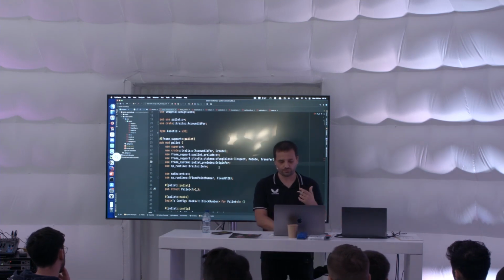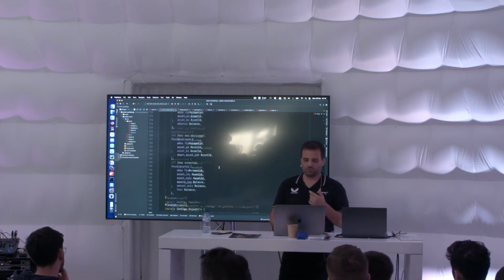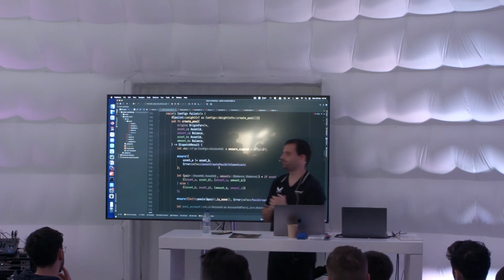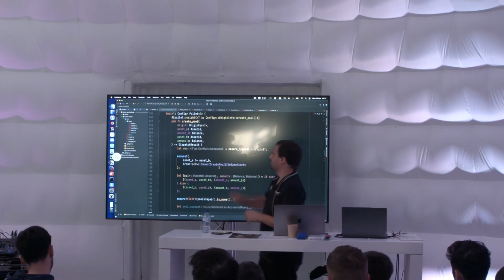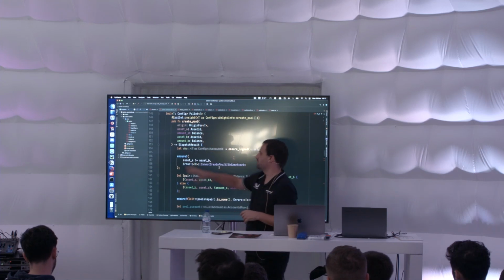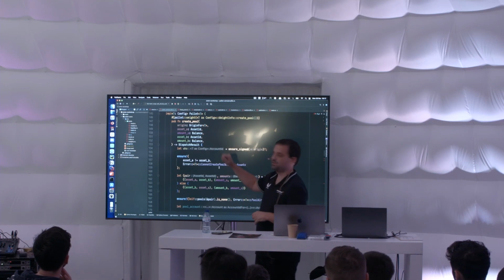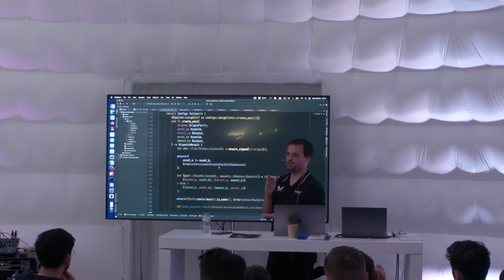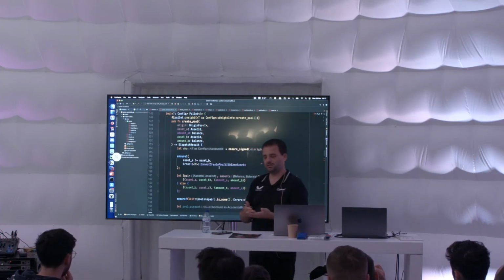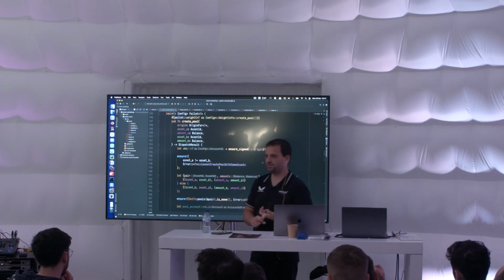So we have the create pool here. We know that the parameters will be like this. I want asset A, asset B, and I want the initial liquidity provided by whoever is creating the pool. I decided that my XYK pools will be permissionless.